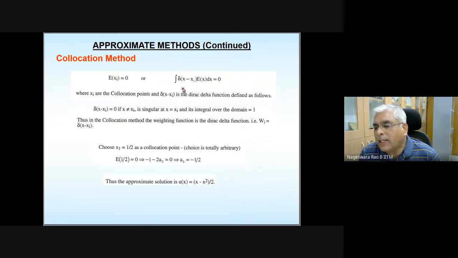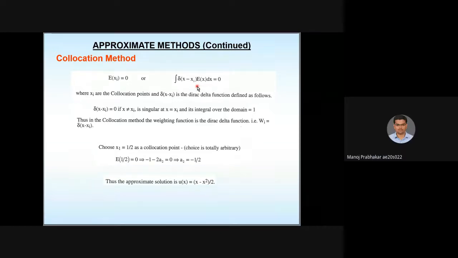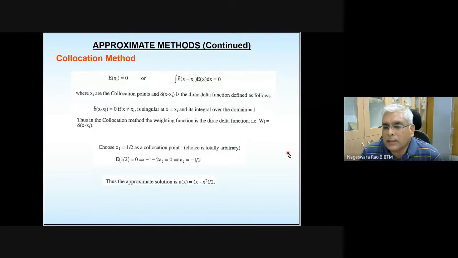This is in an integral sense. In an integral sense, the error is forced to be equal to 0, but when you actually compute it, it may not be 0. Yes, sir. Thank you. Any other questions?